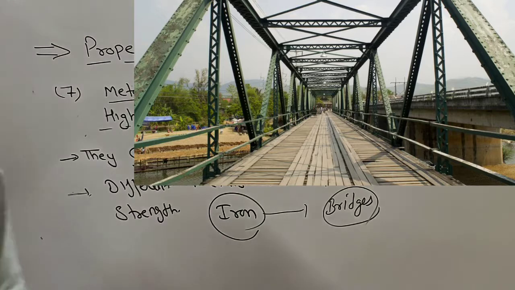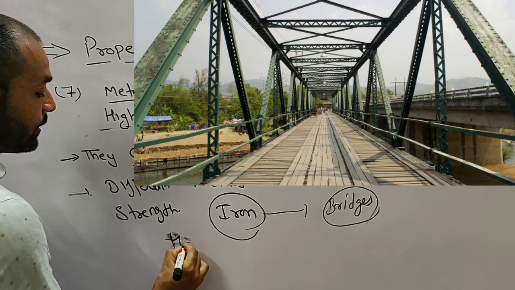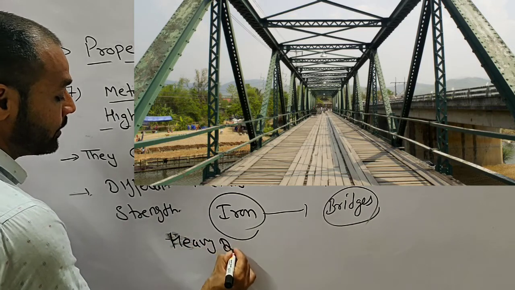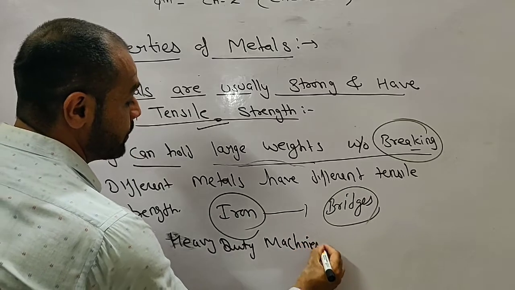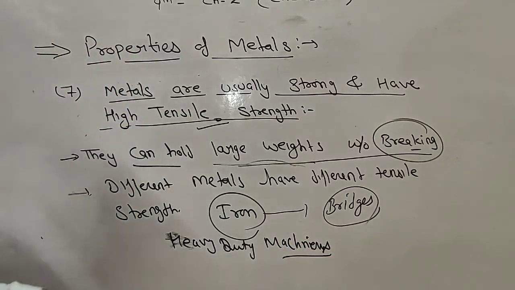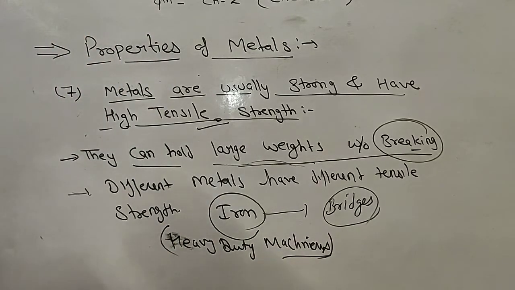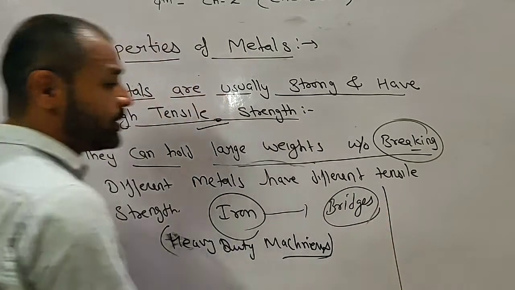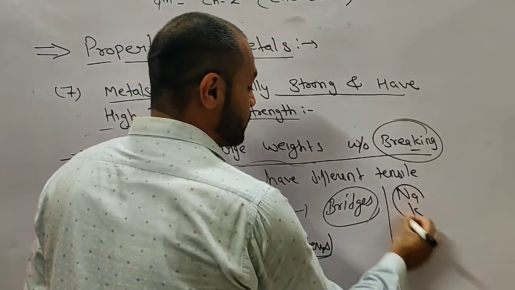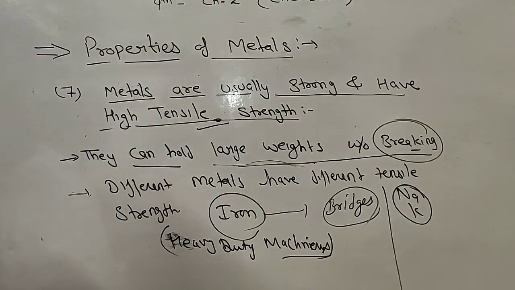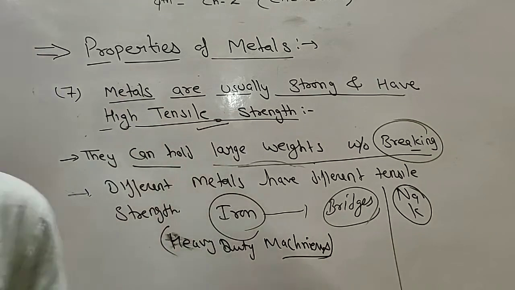Fine. And heavy duty machineries like bulldozers and all. So iron has a very high tensile strength. But apart from this, some exceptions are always there. In the same way, sodium and potassium do not have high tensile strength, so they are not used for such kinds of purposes.